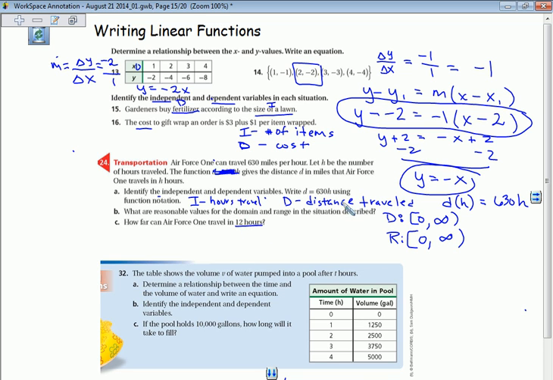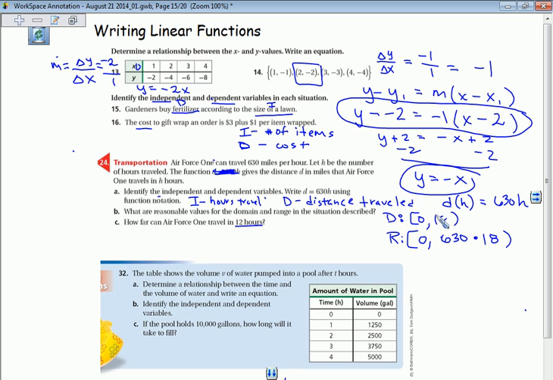Multiply by 630. Now, what if this had said the plane holds enough gas to fly for 18 hours? What would the end be? 18. And so, what would we do to find the end of the distance? 630 times 18, whatever that is.